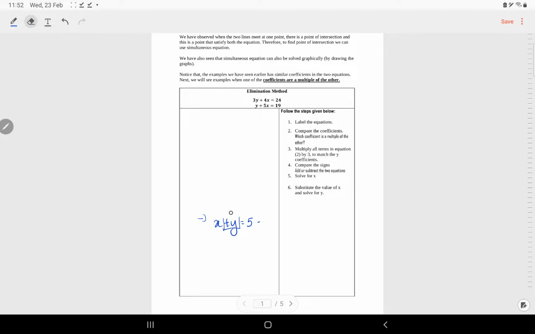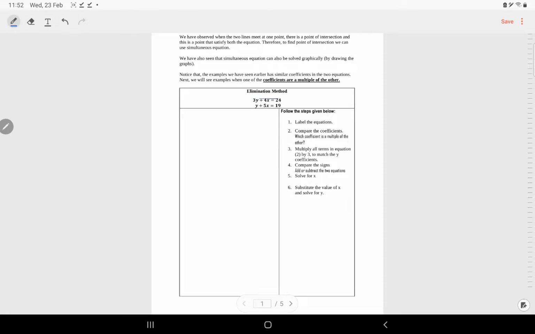But when we don't see similar coefficients, we will make one of the terms the same. Looking at it, for the term x, we have 4 and 5, and for y, 3 and 1. So which term, x or y, has coefficients that are a multiple of each other?